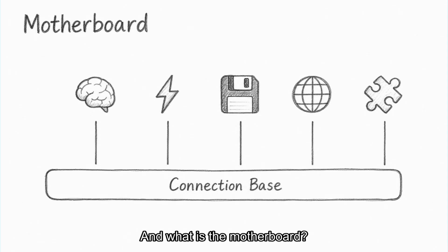And what is the motherboard? I think of the motherboard as the overall physical kitchen structure: the layout, the connections, and the basic infrastructure. The shelf, the counter, and the fridge. If there's no connection and it's all separated, they're going to be useless. So everything has to be connected, and a computer is the same.